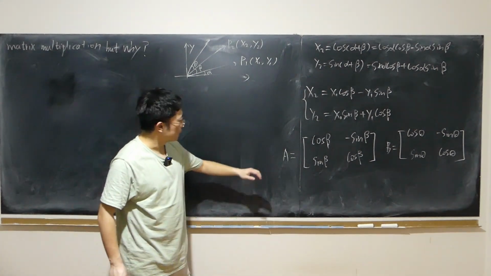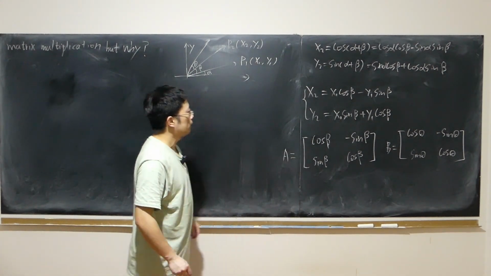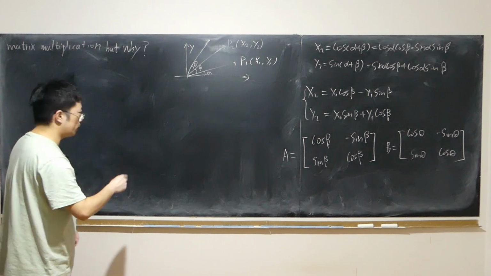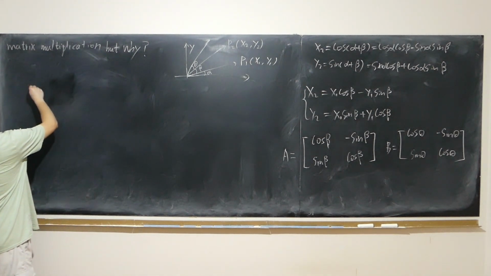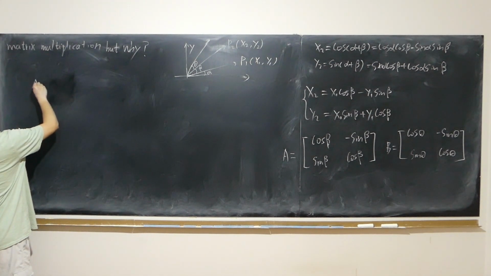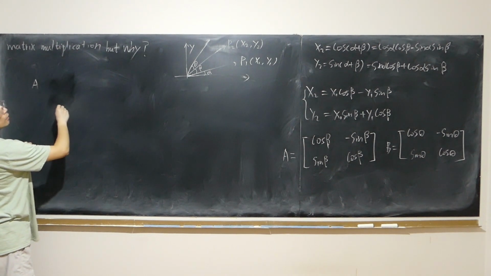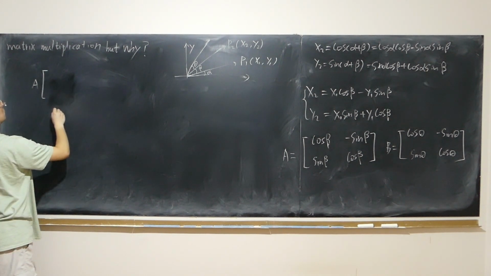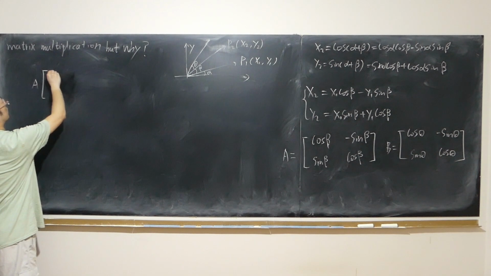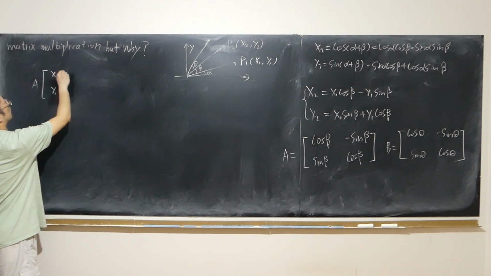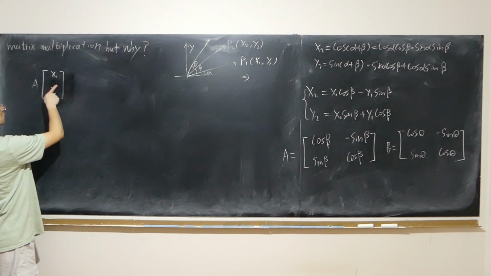Now if we take matrix A multiplied by a column vector, another special matrix, let's call it (x1, y1). It has 2 rows, 1 column, 2 by 1.